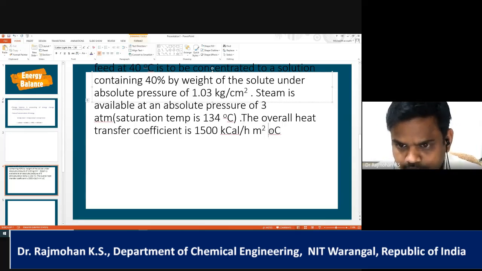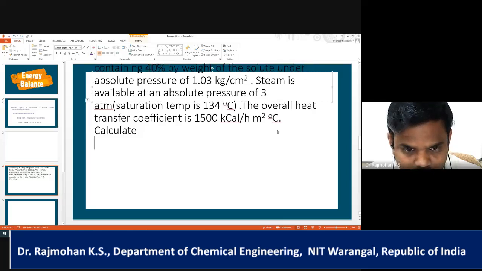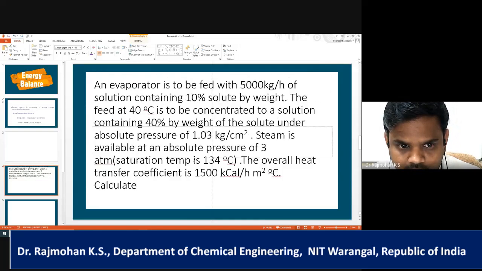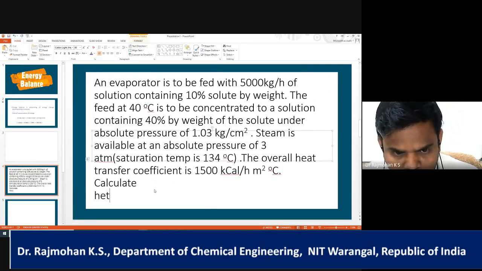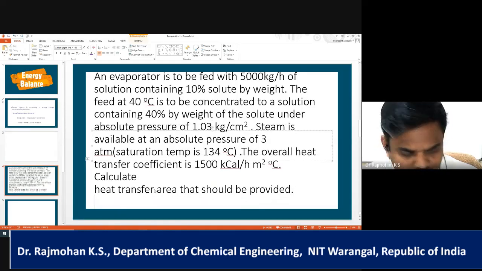Calculate the heat transfer area that should be provided. Number 2, steam requirement.